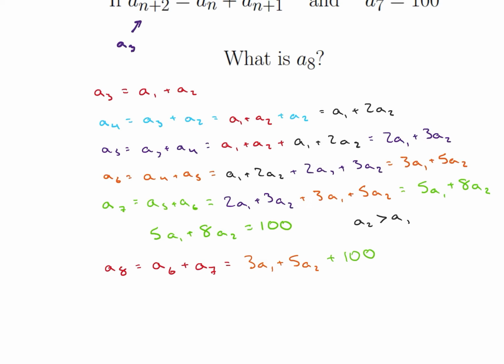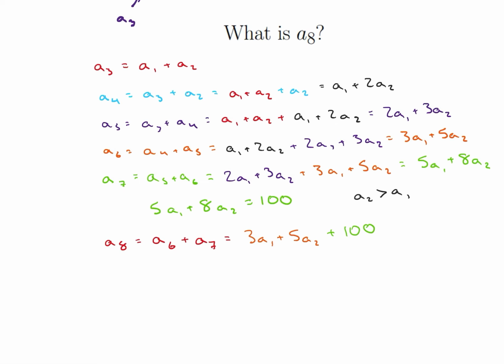So really what this boils down to is, what are my values of a sub 1 and a sub 2? So as I look here, I need to figure out what my values of a sub 1 and a sub 2 are, so that the sum of these two will give me 100 when I come in here.